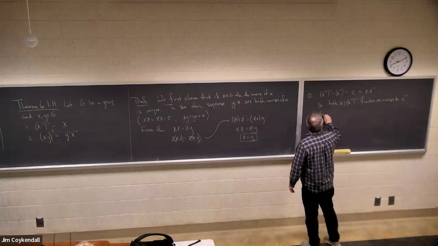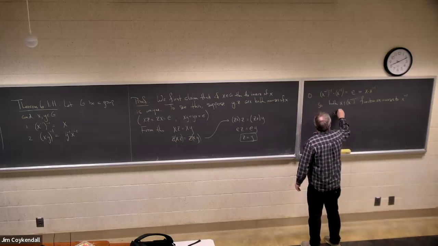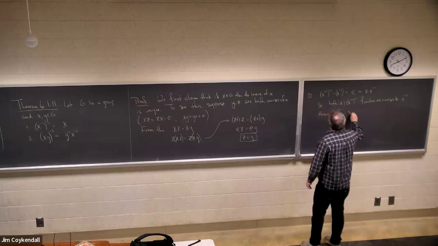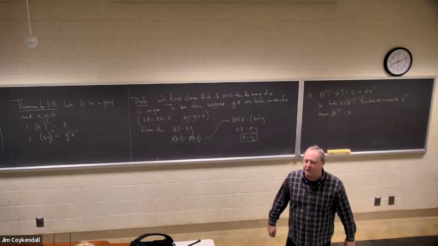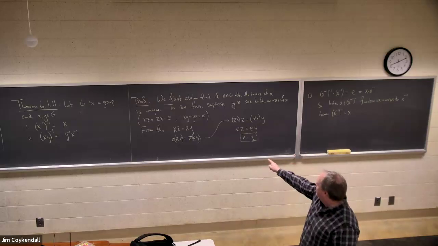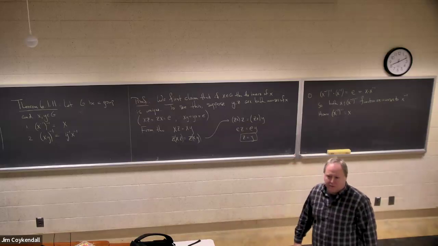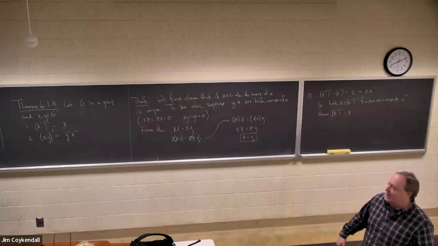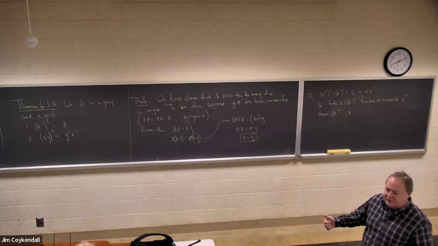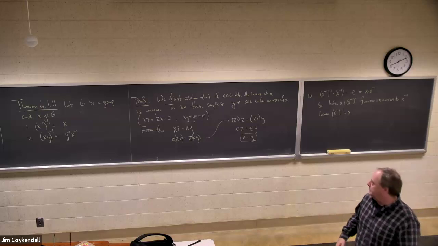Hence, both of these things function as inverses to X inverse, but that statement shows that any inverse is unique. So since X inverse inverse and X both are inverses to X inverse, they have to be the same thing.